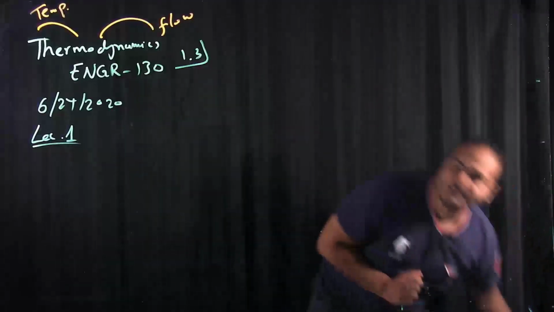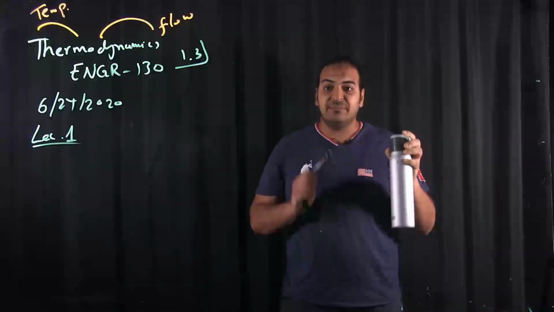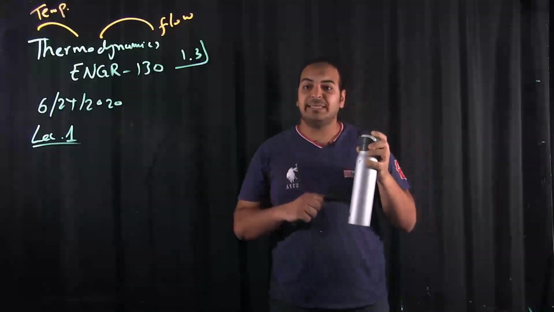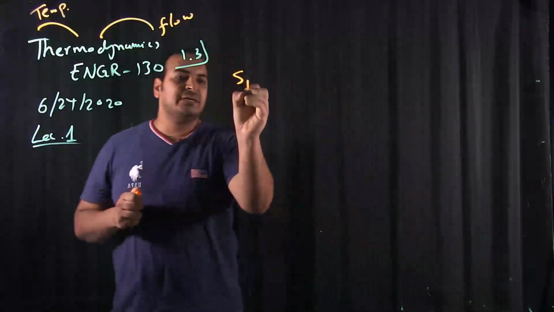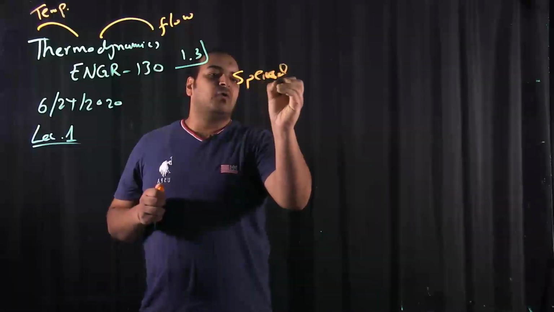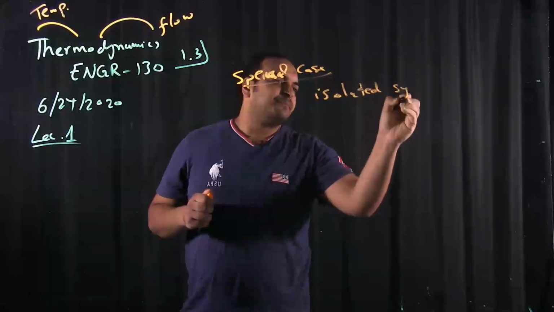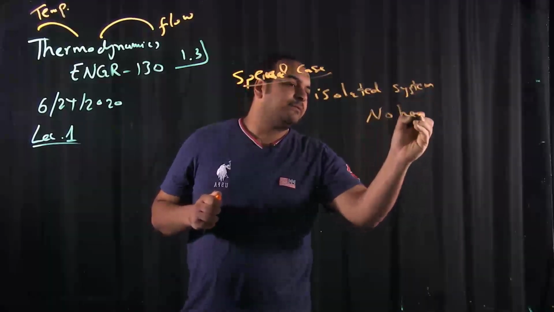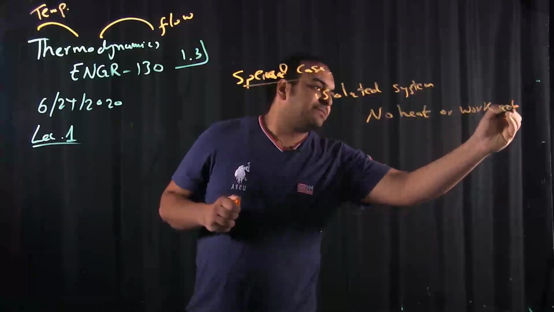Like this one, if I kept it for 1 hour, the temperature is the same. It means no work, no heat added in or out. So this is an isolated system. It's a special case that typically happens in the closed system: no heat or work added to the system.